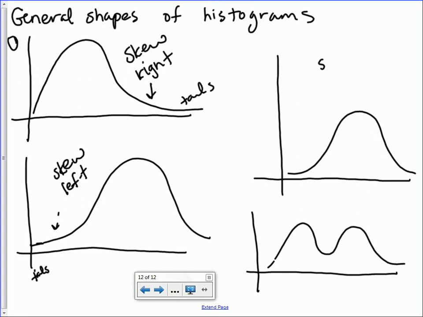This is symmetric, which means no skew. There isn't a tail. The tails are the same on either side. This sometimes we call bimodal, where there's 2 humps in it. Notice that the tails again have no skew. All right, so those are the general shapes of histograms.